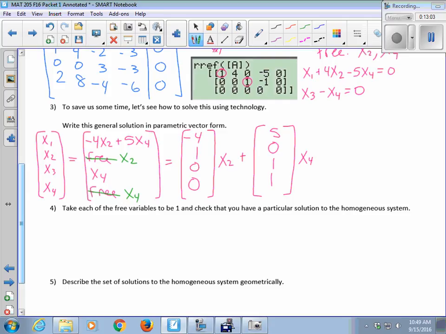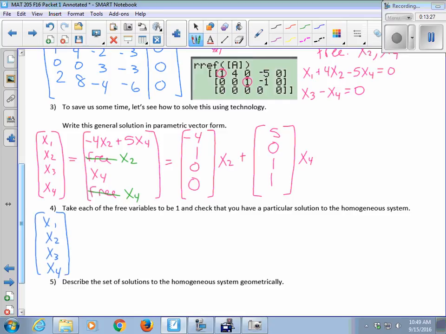All right, so I'm going to take each of my free variables to be 1. Okay, so I have two free variables, x2 and x4. If I pick them both to be 1, that will determine what my x1 and x3 are, my basics. And I'm going to come up with a particular solution. Okay, so x1, x2, x3, x4.